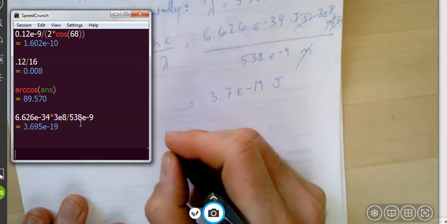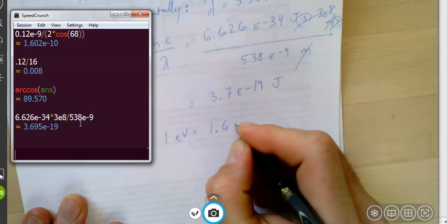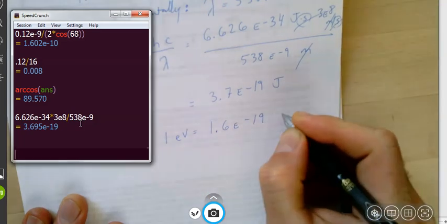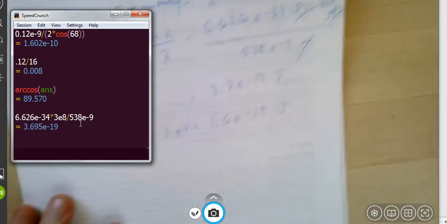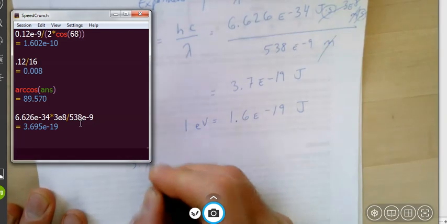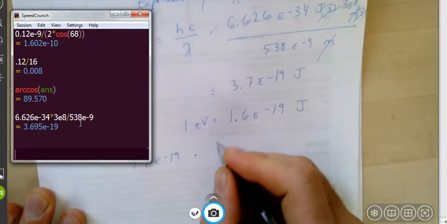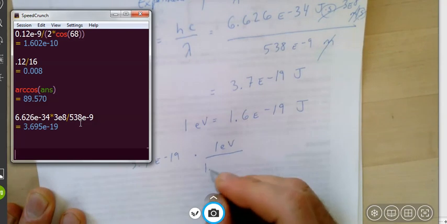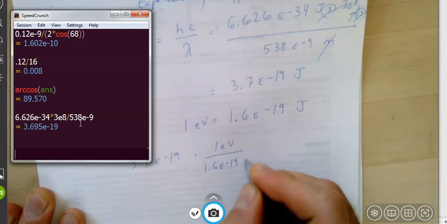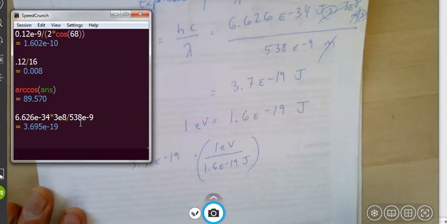So in other words, 1 electron volt is equal to 1.6 times 10 to the minus 19 joules. And so if that's true, I can take this number here, 3.7 times 10 to the minus 19, and I can multiply it by 1 eV divided by 1.6 times 10 to the minus 19 joules. You might notice that you've seen this number before because it's the charge of the electron.